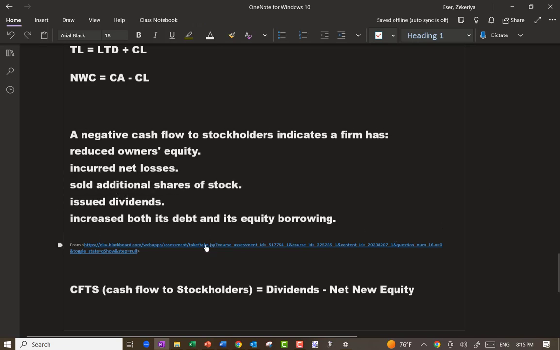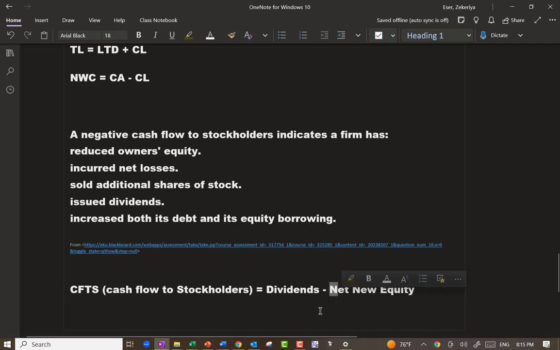Sold additional shares of stock. Okay. That means on net, you increased equity. If you sold additional shares, that is positive new equity.